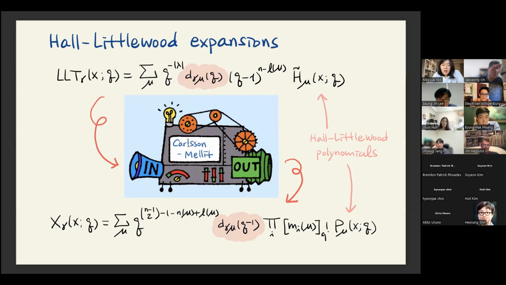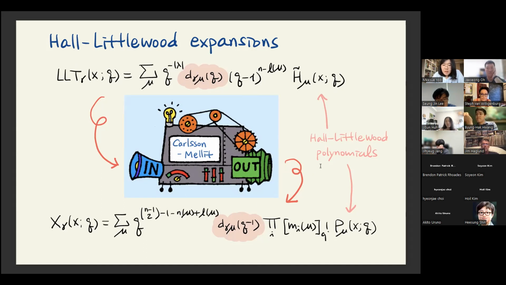And if you apply the relation to this expansion, then you get the chromatic quasisymmetric function, which is expanded in terms of the original Hall-Littlewood polynomial. And the coefficient looks like this. The interesting thing is that you have the same polynomial d gamma mu, but q replaced by q inverse.